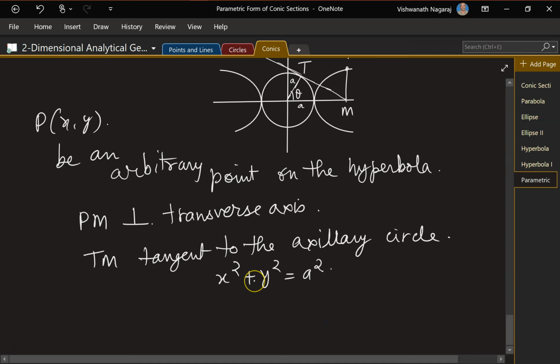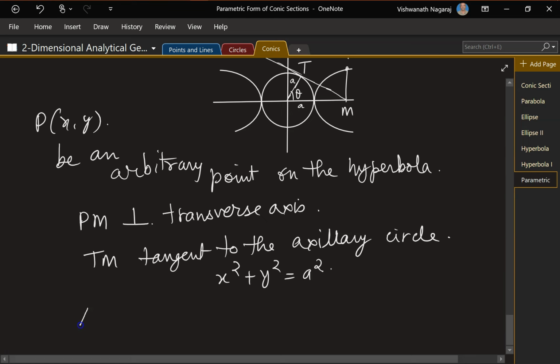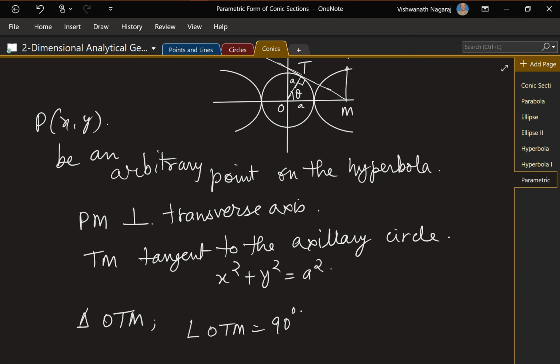We just make a equal to b. Okay. Now, in triangle, this is O, origin. In OTM, remember, this is going to be 90 degree. Angle OTM is equal to 90 degree. Why? Because a tangent forms a 90 degree angle with the radius.